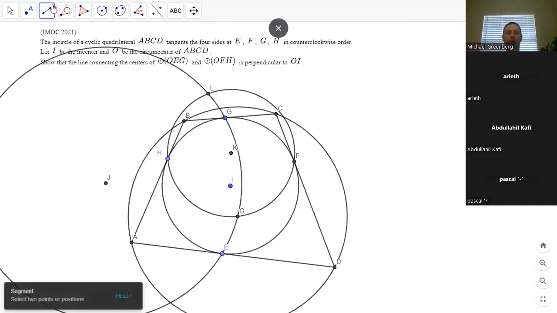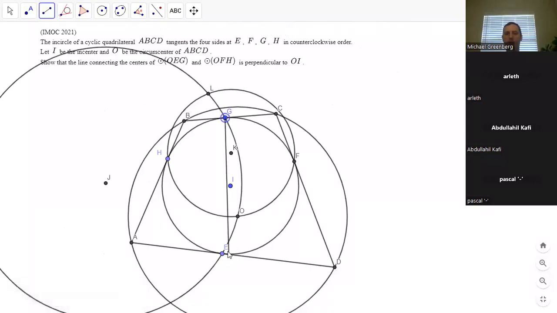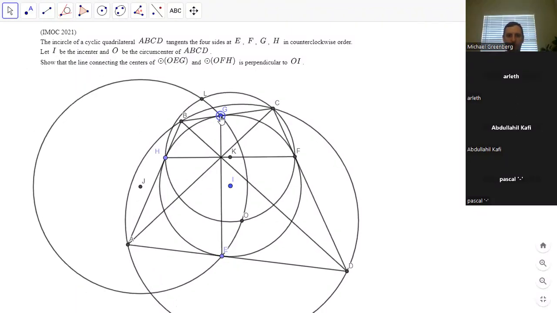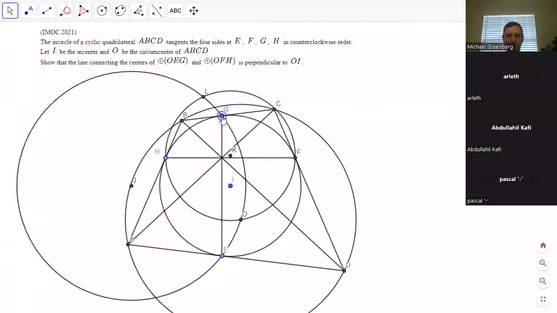And yeah, it's well known, I was saying, Khan, that GE is perpendicular to HF. I wonder if the intersection of those also lies in the diagonal. K I don't think lies on that diagonal, even though it looks like it.